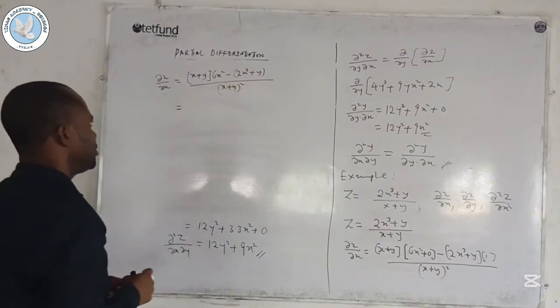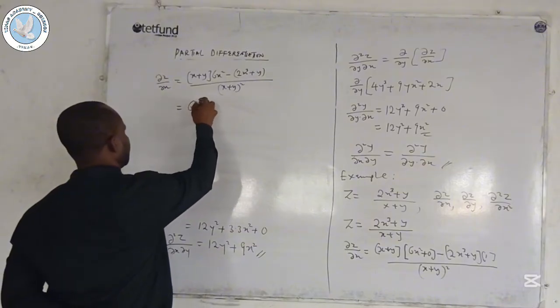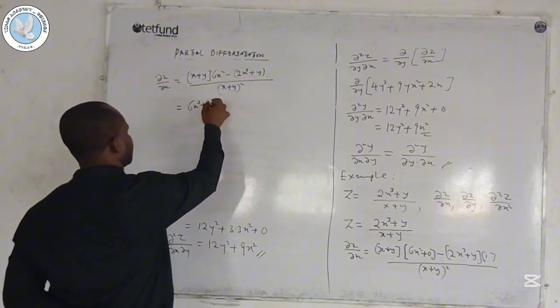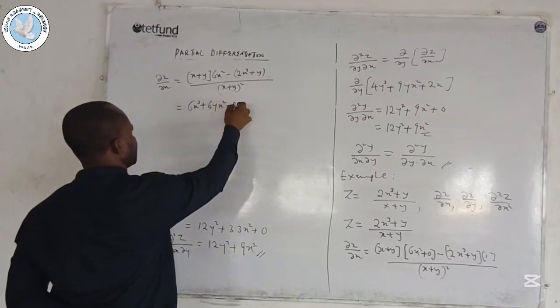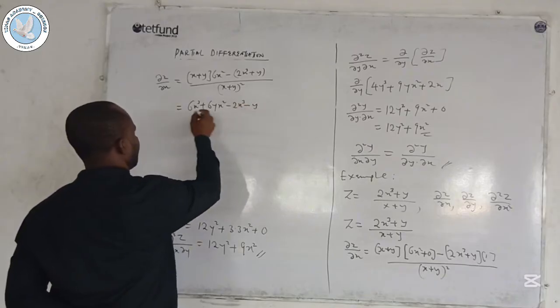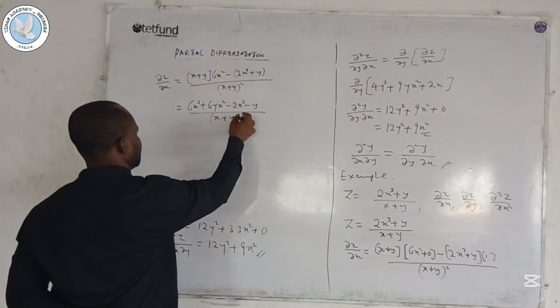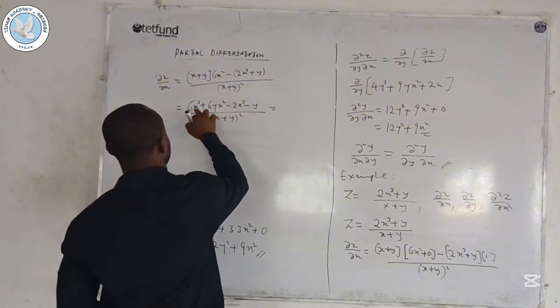So at this point, let's try and simplify the equation. We have 6 cube plus 6yx minus 2 minus y, giving you this and this. So the answer is going to be this minus this.